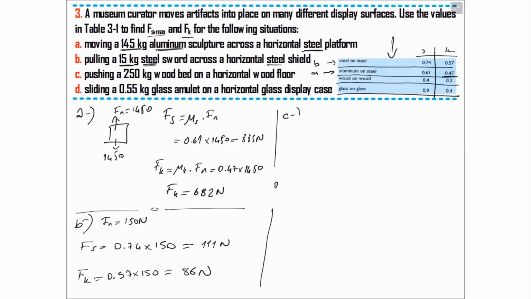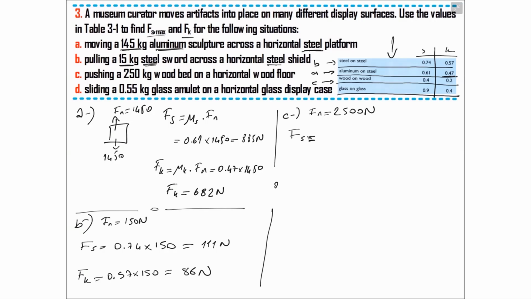And for the C, it says 250 kilogram, wood on wood. So this is the C. Here our Fn will be 2500 Newton. Fs equals mu s times Fn.